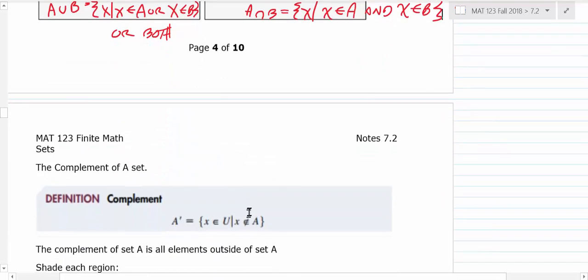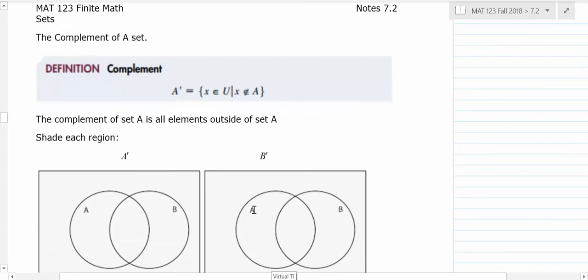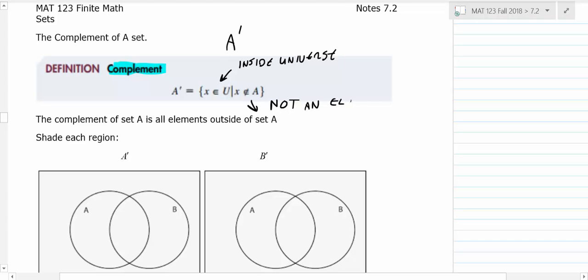The next thing we're going to talk about is set complement. Whenever you see the prime symbol, we're going to call that a complement. What this means is that you're inside of the universal set, so you're inside the universe, and you're not an element of A. That probably won't make that much sense until we look at a Venn diagram.